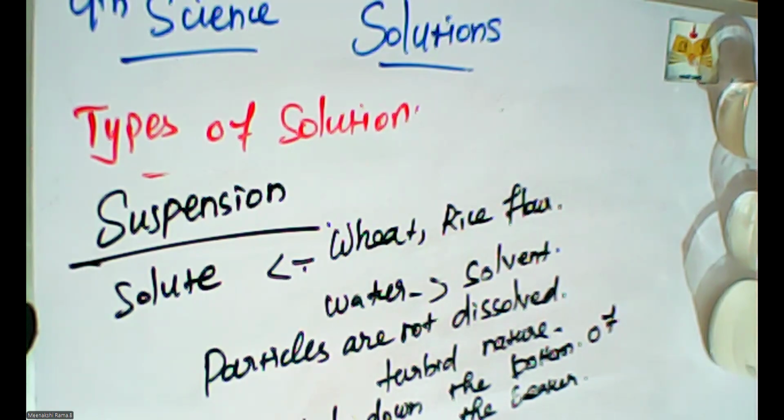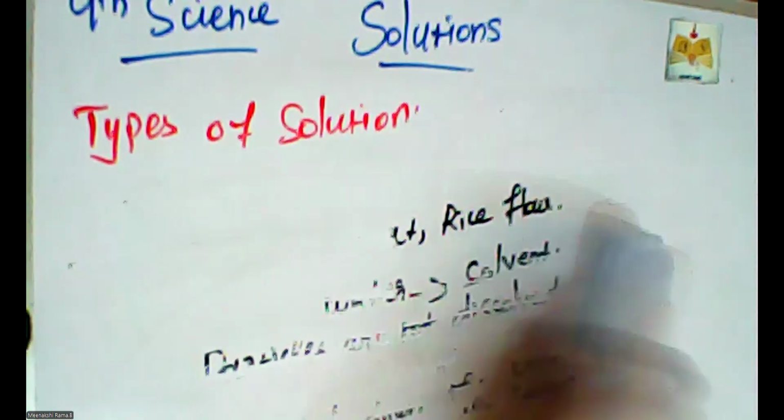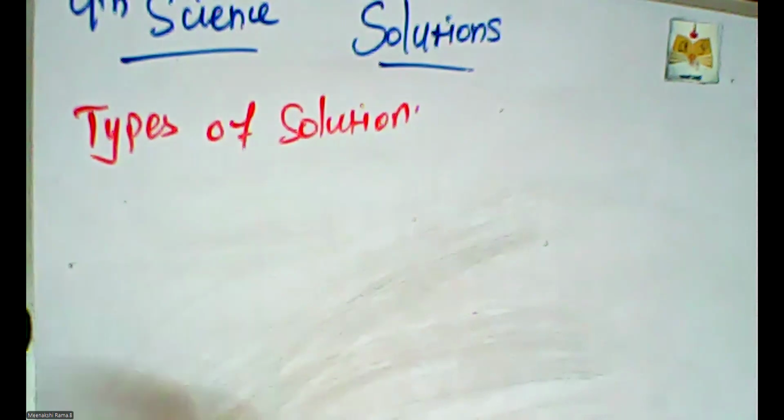Based on the physical state of the dispersed phase and the dispersion medium, such as solid and liquid, we can classify the colloidal solution into 8 categories.